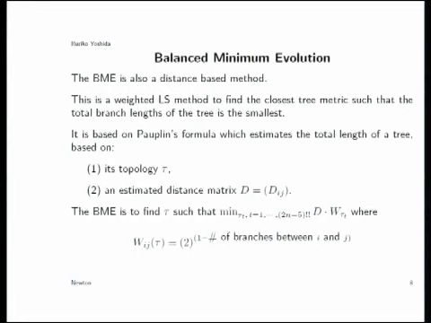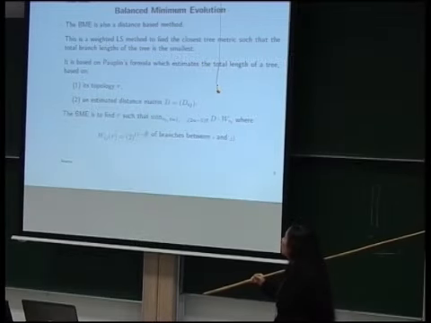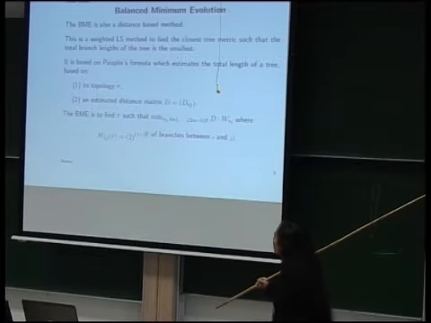So this BME method is also a distance-based method, and also a weighted least squares method, to find the closest tree metric such that the total branch length of the tree is smallest.